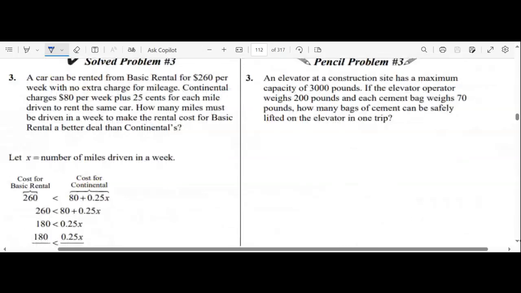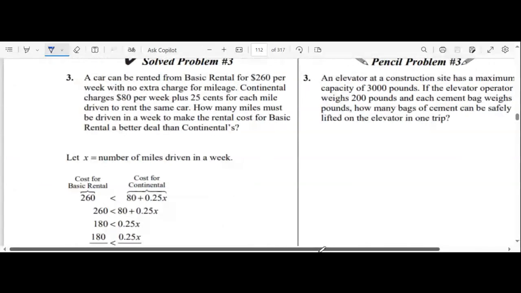Okay, I need someone to read the one on the left side. Who can read the one on the left side? A car can be rented from Basic Rental for $260 per week with no extra charge for mileage.